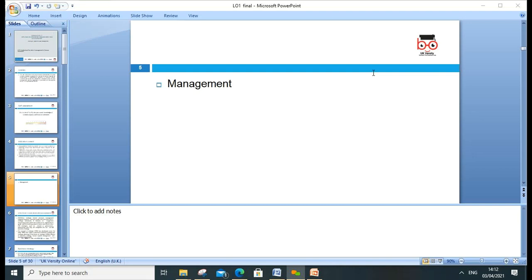Okay, so management is a process. Management is a process of designing an environment to achieve pre-selected objectives.